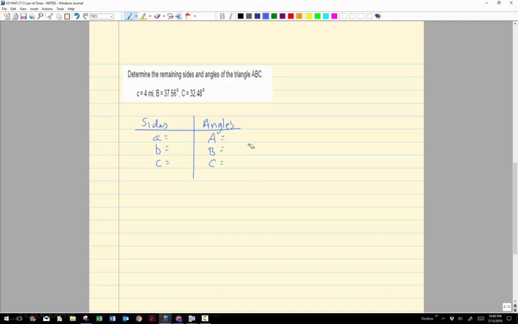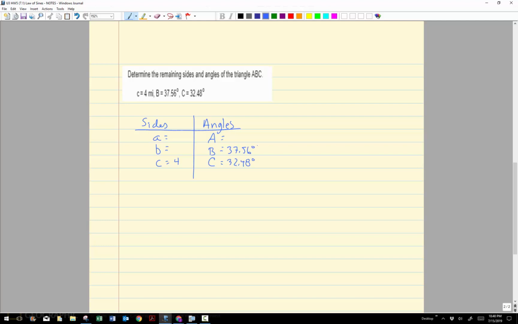I really won't even worry about the units here in my table that I'm summarizing. Sorry, this should be lowercase c. I need to make a distinction here. This is an angle C. This would be 32.48 degrees. Side c is 4 miles. Angle B is 37.56 degrees.